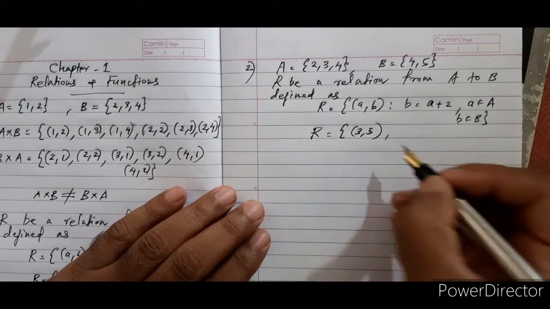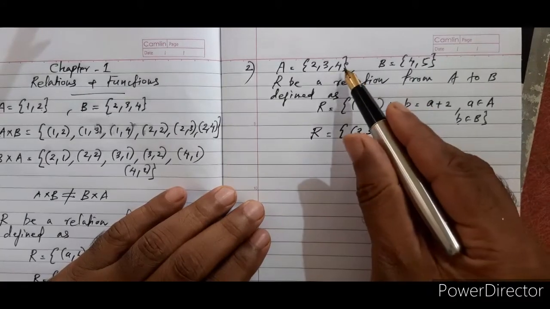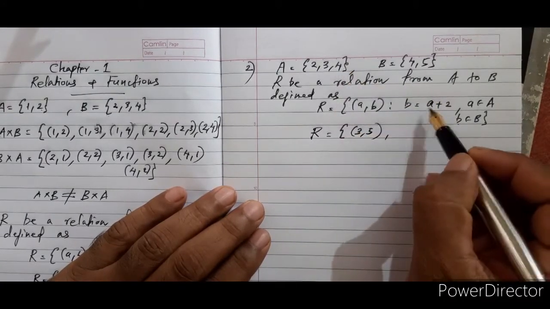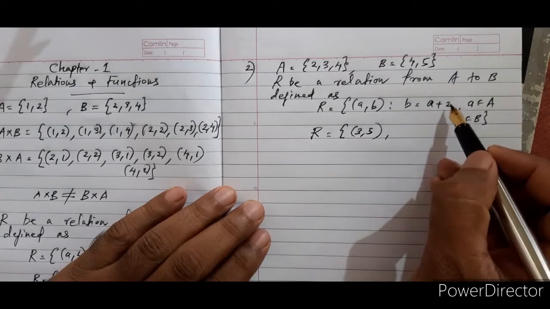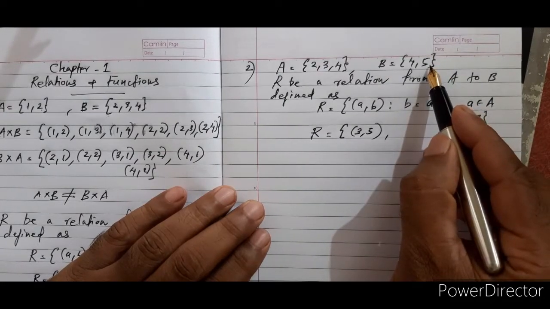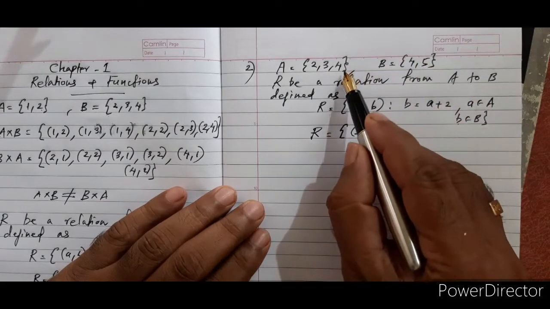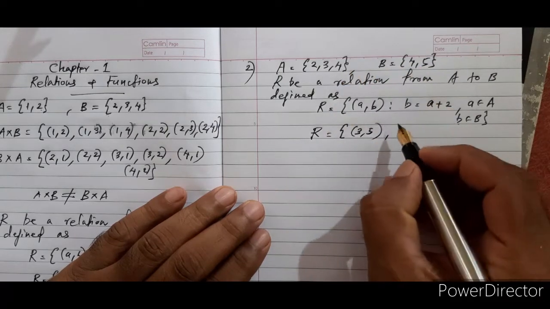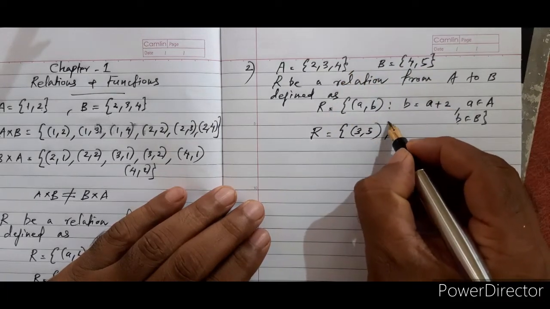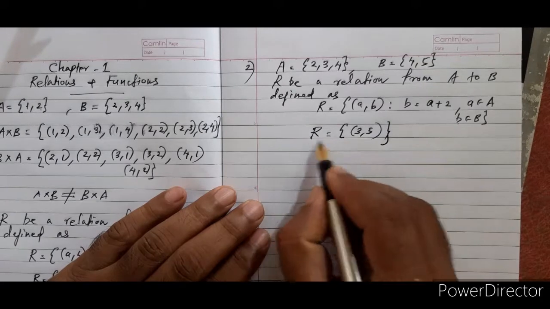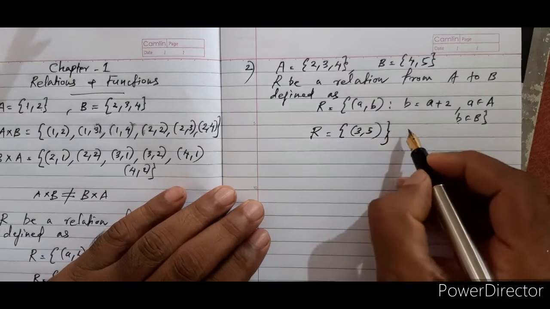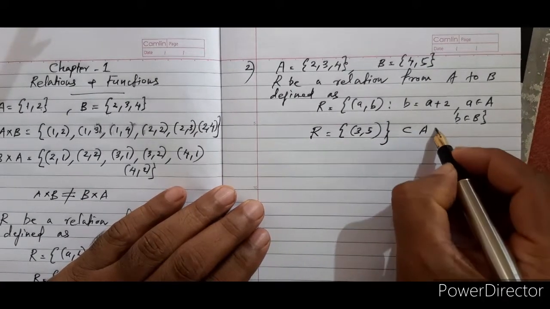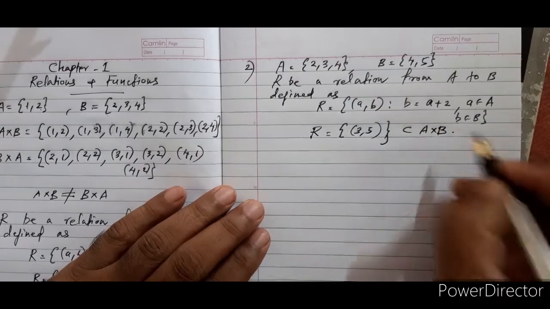Now take the third element, that is 4. When a equals 4, the value of b will be 6. But 6 is not in this set. That means 4 is not related to any element of B. Clearly R is a subset of A cross B.